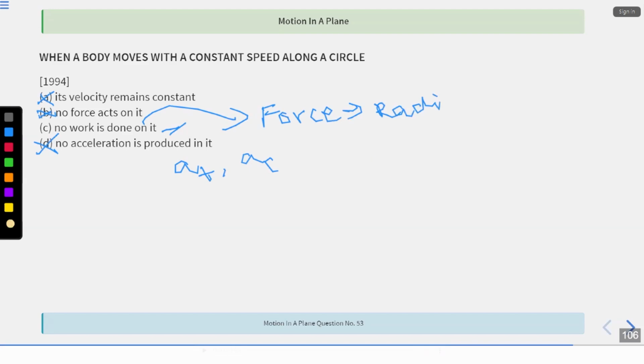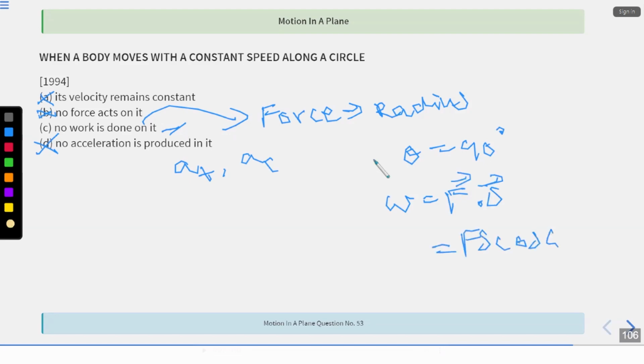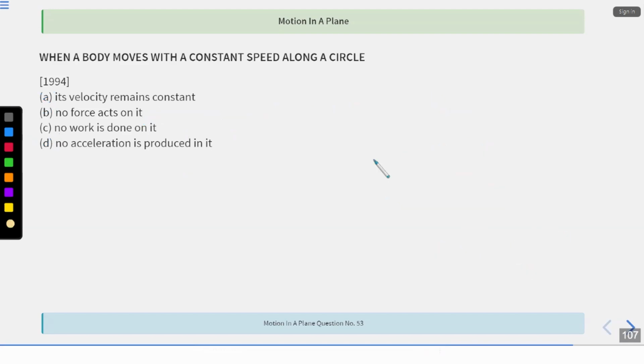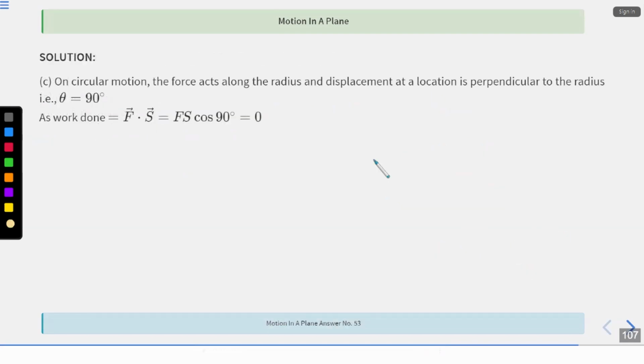So the displacement is perpendicular to the force, so theta is equal to 90 degree. So the work done would be F dot S, and that would be equal to Fs cos 90, and that will be equal to 0, right?